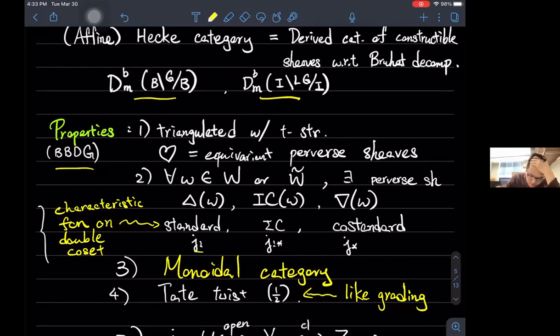And the middle one is the most interesting one, the IC sheaf. They are the simple perverse sheaves. Basically the Poincaré duality holds for this IC sheaf, and that makes it so special.